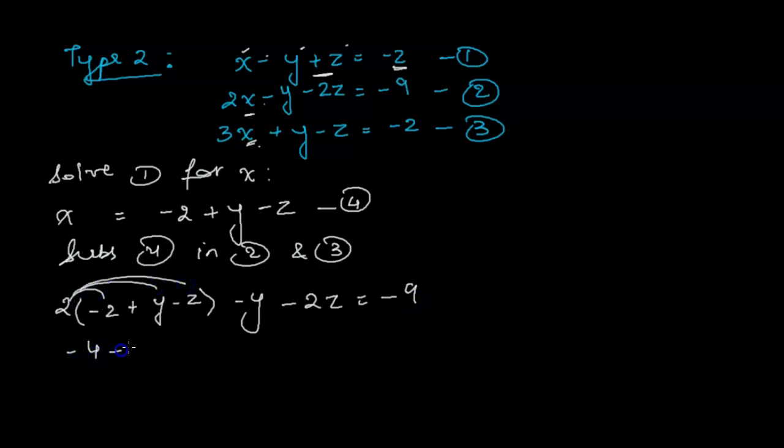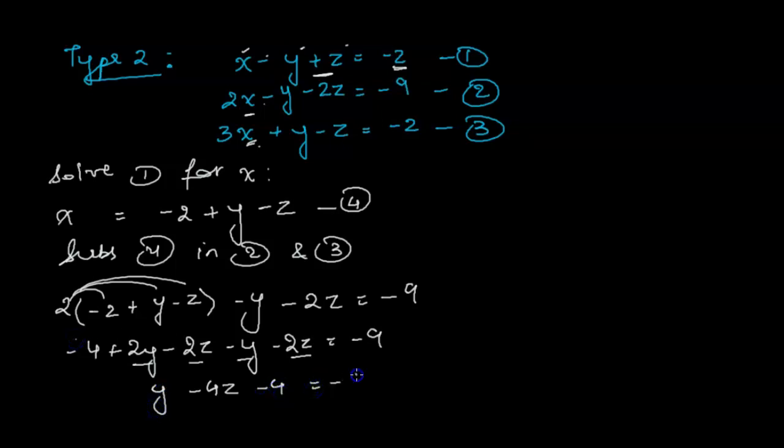So -4 plus 2y minus 2z minus y minus 2z is -9. Minus 2z minus 2z gives us -4z. Plus 2y minus y gives us y. Minus 4 is -9. We can move this over and it would give us y minus 4z is -9 plus 4, which is -5. So we get this equation, and let's call this equation number 5.